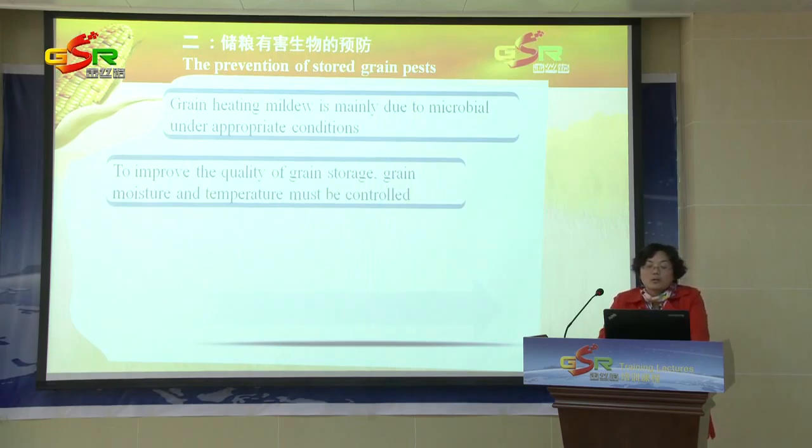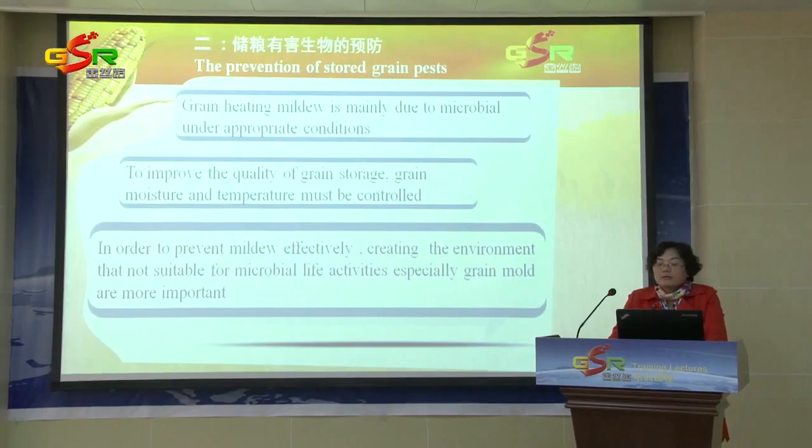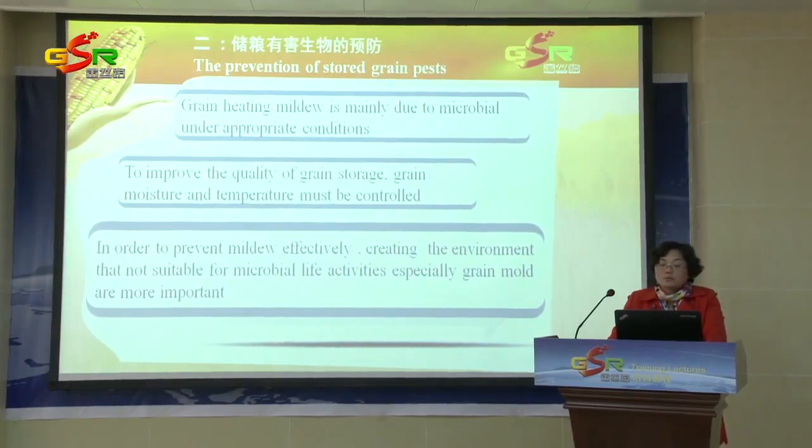To improve the quality of grain storage, grain moisture and temperature must be controlled. If we control the moisture and the temperature, we control the contamination by mold. In order to prevent mold infection, create an environment that is not suitable for the microbes or the insects, especially grain mold, which is important.